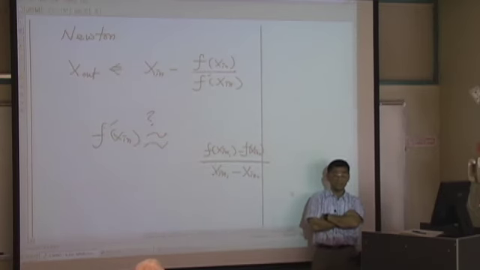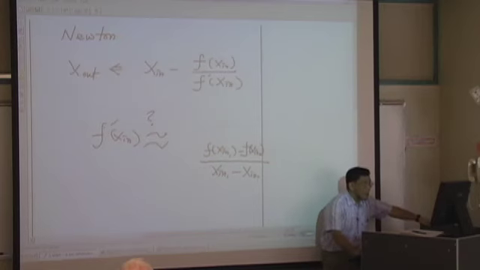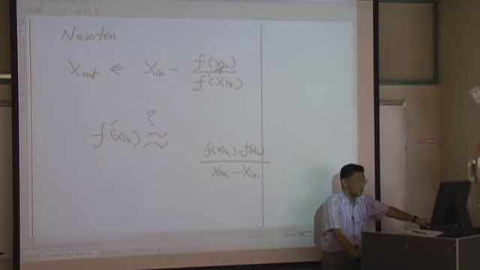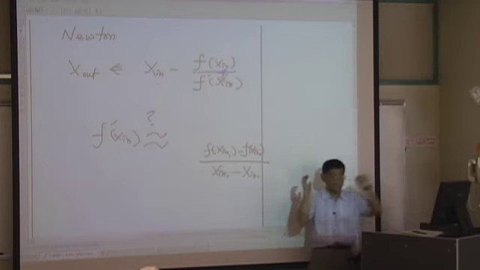If you don't understand, ask me. I now replace this by the difference of x in sub 1 and x in sub 2. Then what about these things? What should we do? You can do any way you want, but use one consistently. If you choose x in 1, then use x in 1. If you want x in 2, then use x in 2.